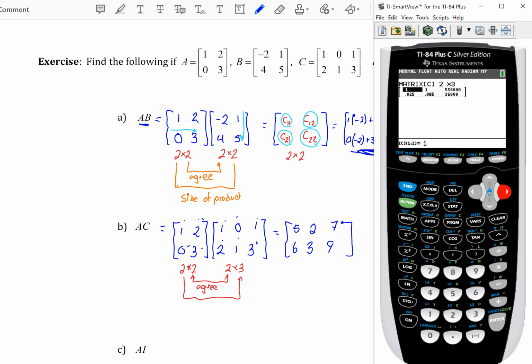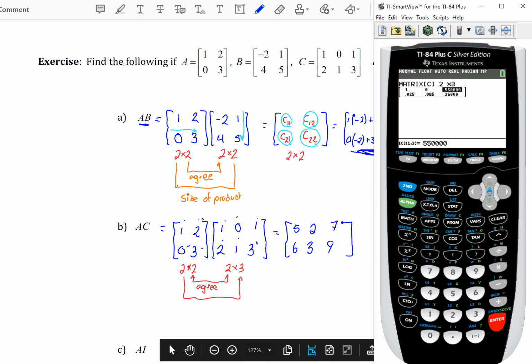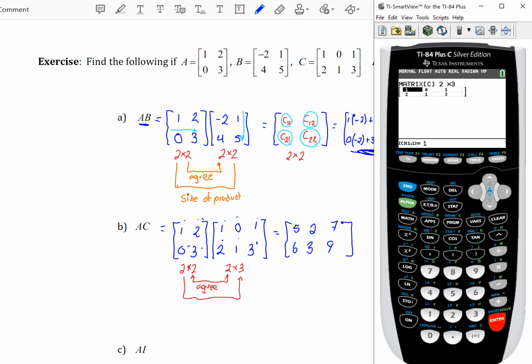So enter the values. Okay, verify that you have the correct numbers in your matrix.